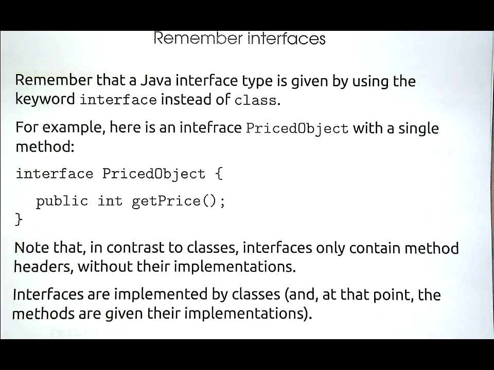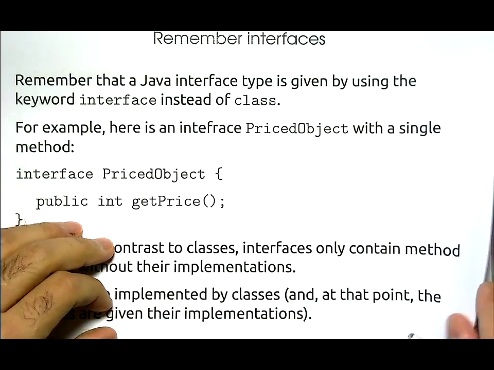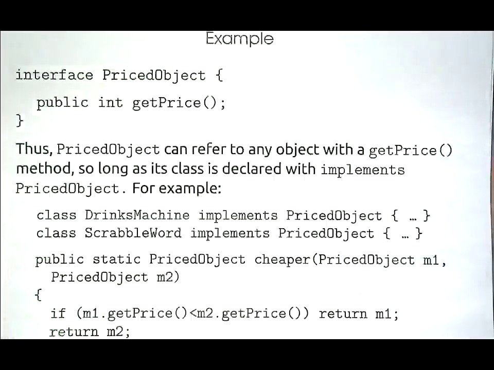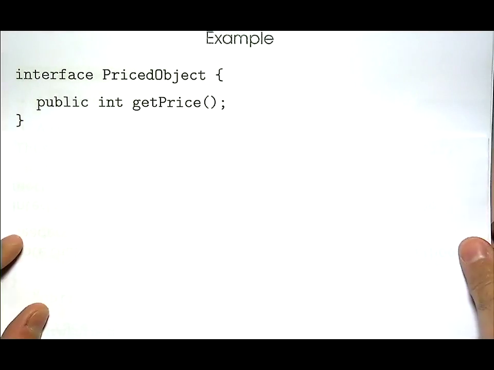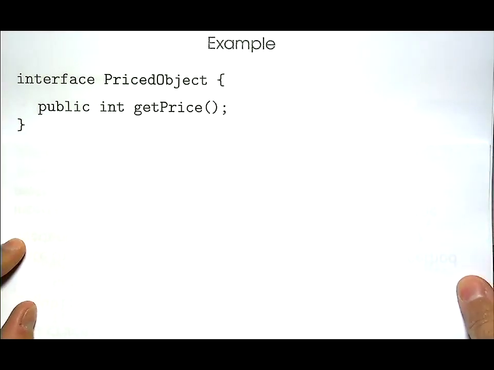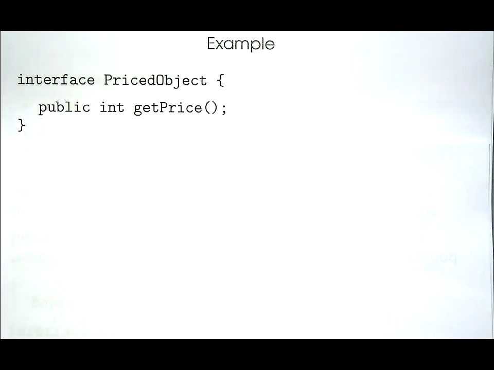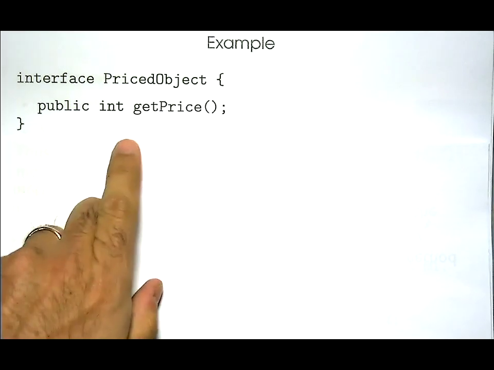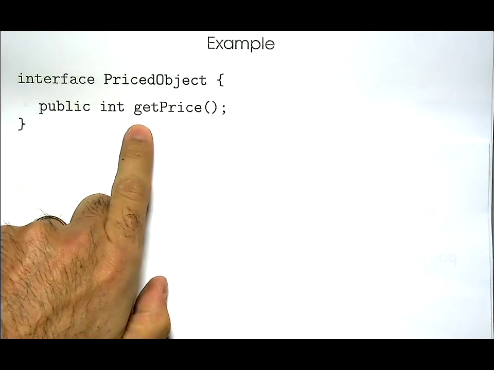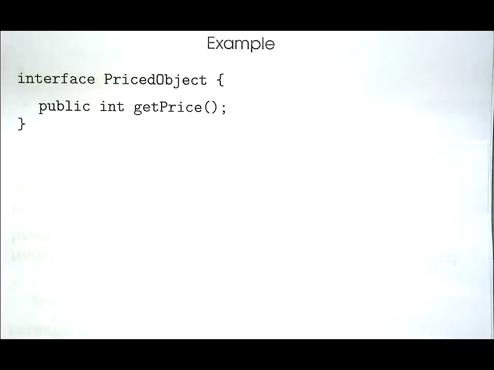So an interface is a general type that contains the methods, and the classes that implement the interface actually give the code. For instance, we have an example interface called PricedObject. What is a priced object? It is an object upon which you can call a getPrice method, and this gives you back a price, an integer.